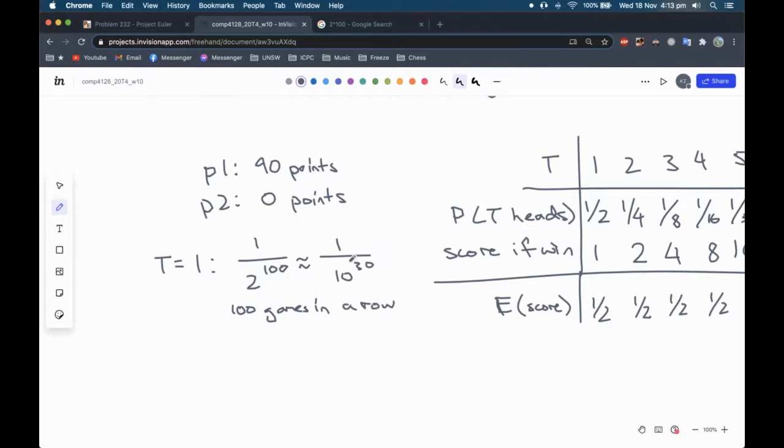Clearly this isn't actually the exact number that we're looking for. Obviously, player 2 doesn't actually need to win 100 games in a row. He can lose some games in the middle. So the real number will be a bit larger than this. Also, we haven't factored in the fact that player 1 needs to lose like 90 of his turns in order to give the time for player 2 to catch up.